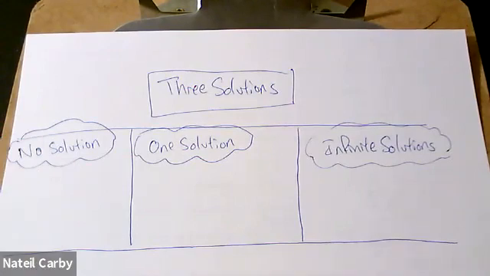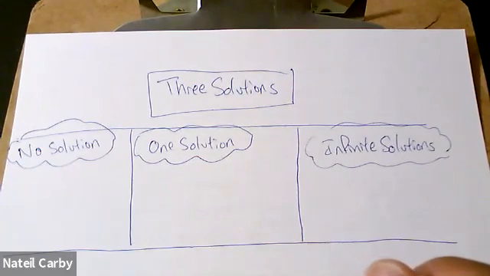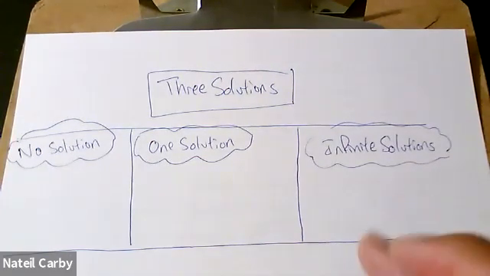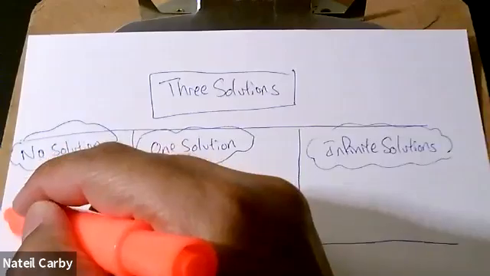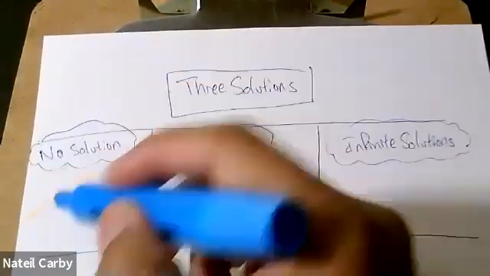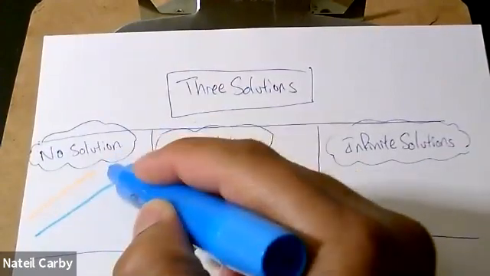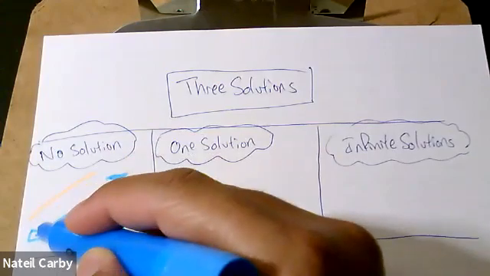Could be more than 2, but for our purposes, we're talking about 2. So we're talking about graphing 2 linear equations. And when you're graphing 2 equations, they can be parallel. They can be parallel to each other.